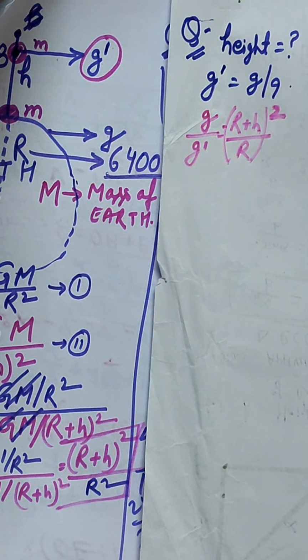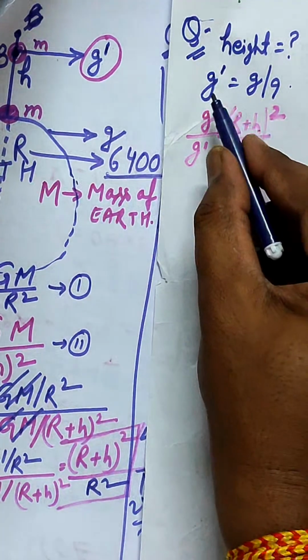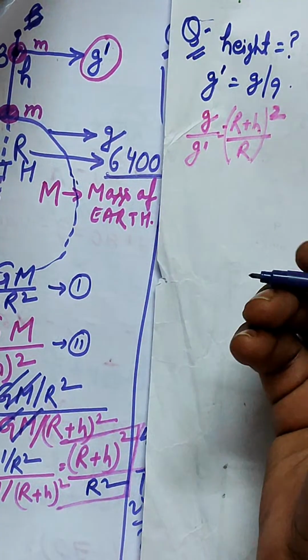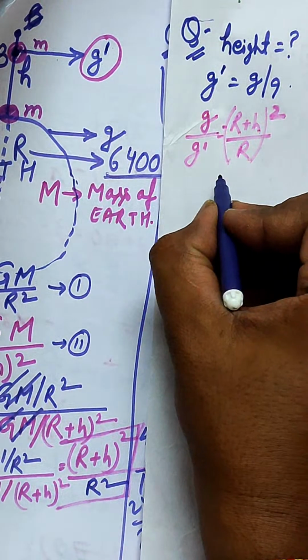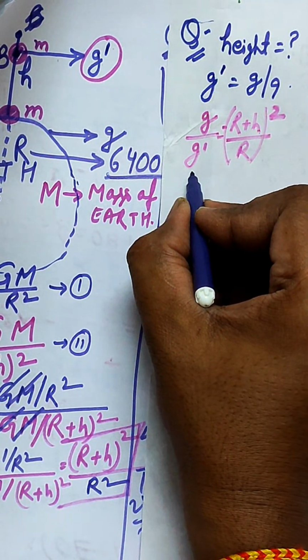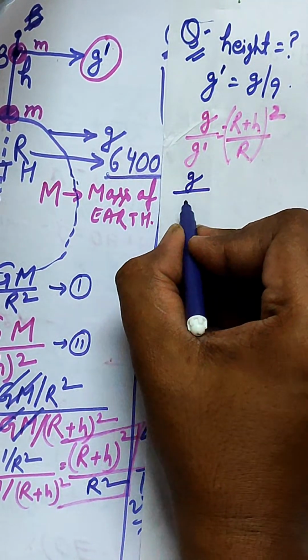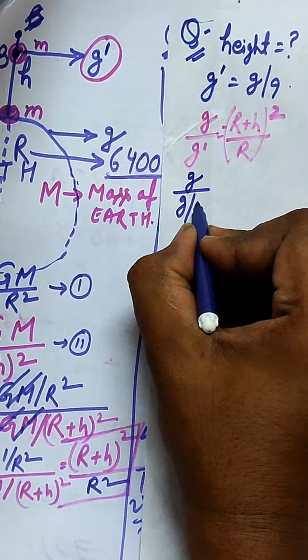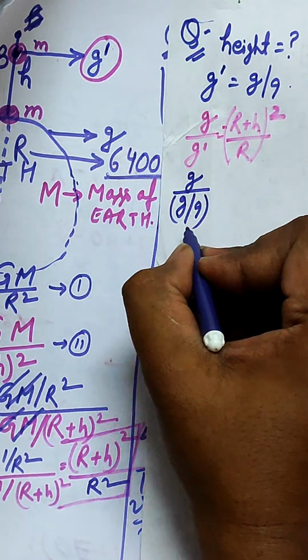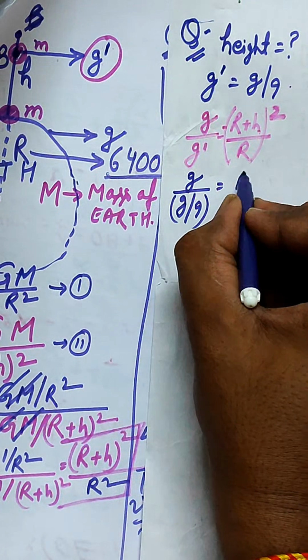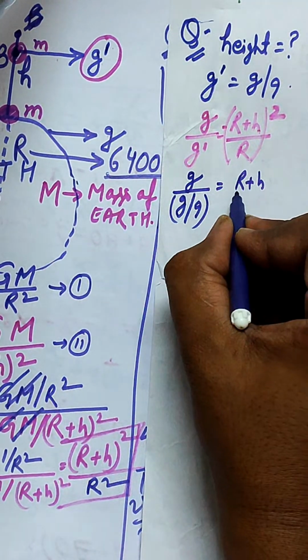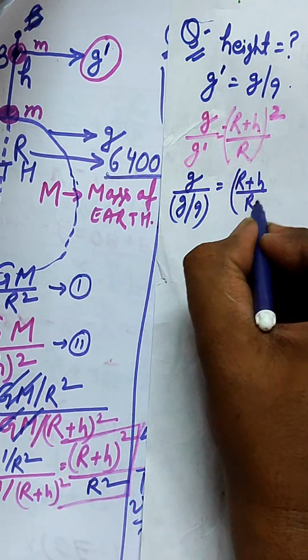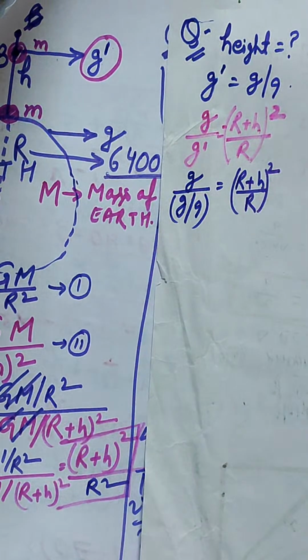Now the new g dot is g by 9, so just put in the value. So g divided by g by 9 will be equal to (R plus h) by R whole square.